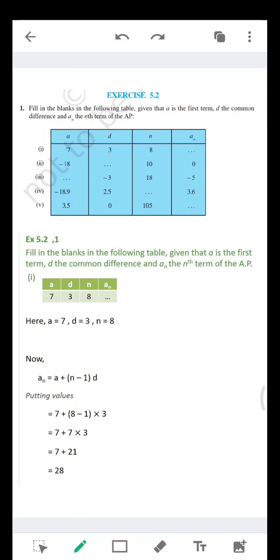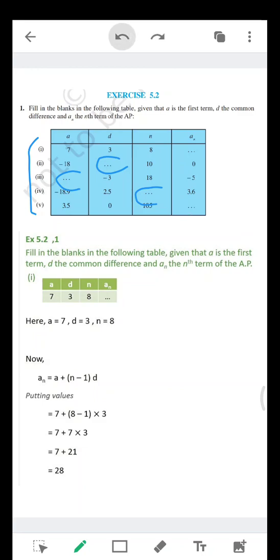Like in the first question, a is given as 7, D is given, n is given, we don't know what an is, so we are going to find the missing values in this table. So in every bit one term is missing. In the second one D is missing, in the third one a is missing, in the fourth one n is missing, and in the fifth one again an is missing.